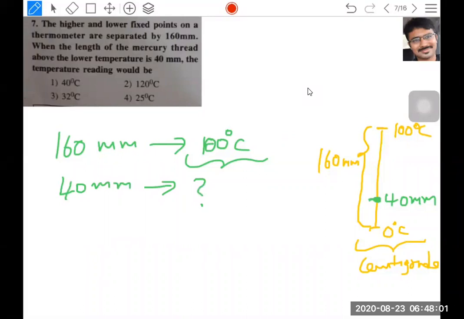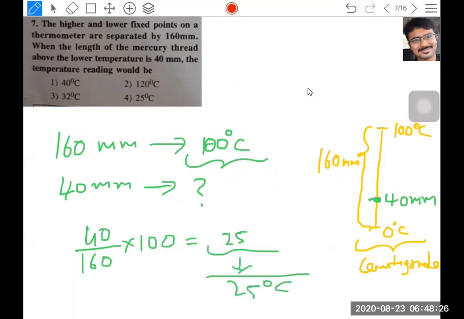As we go on, observe one point here: for 160 we have 100, so for only 40 millimeter, will the value be less or more? Simple calculation, 40 by 160 into 100, which means 25. So the answer is 25 degrees centigrade.